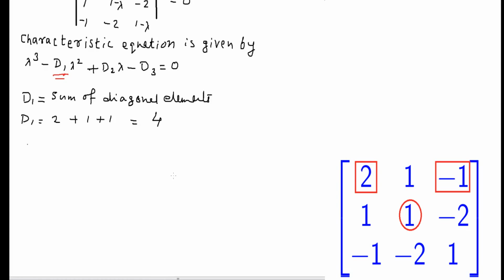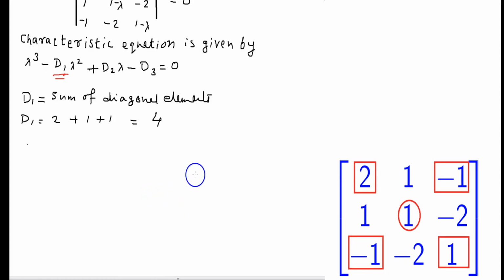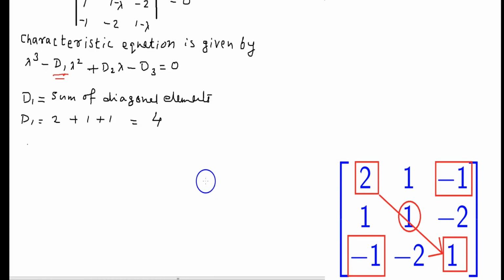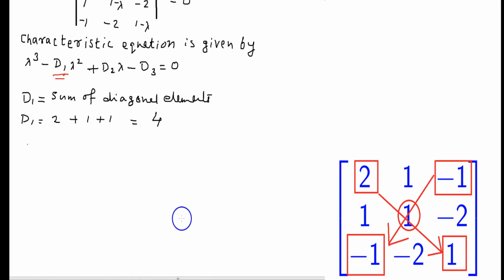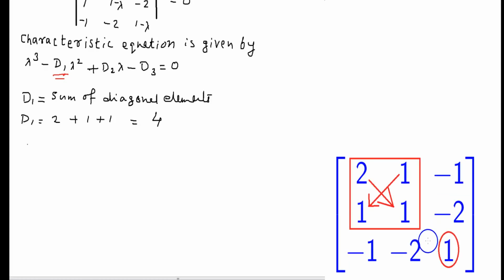That is mod 2, minus 1; minus 1, 1, plus the last diagonal element is 1.